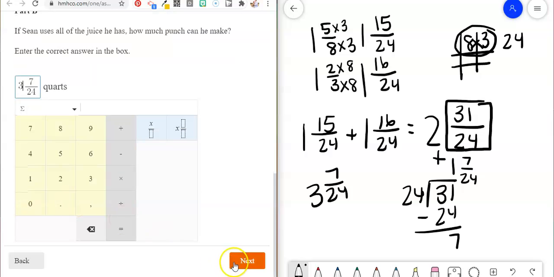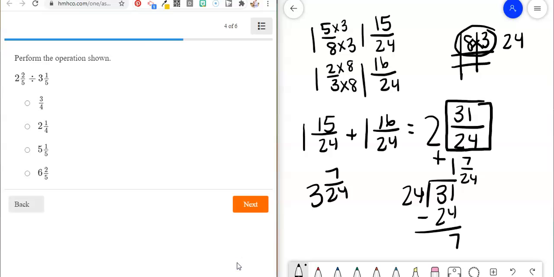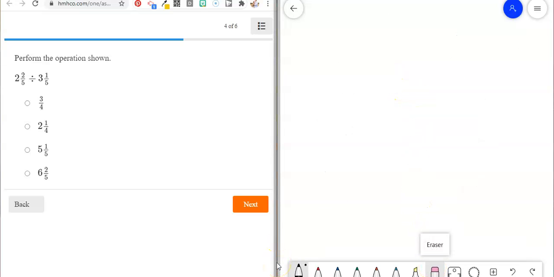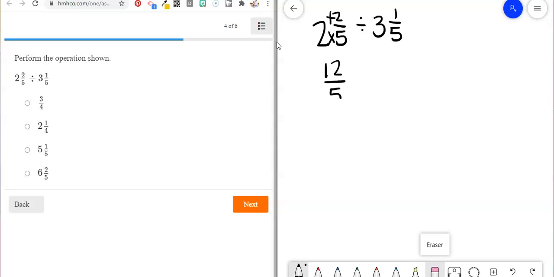Like that. Okay, these last 3 are not word problems. They're straight up telling you what to do. So let's look at those real quick. I have 2 and 2/5 divided by 3 and 1/5. They're mixed numbers, so I need to change them to improper fractions first. 10, 11, 12 over 5.